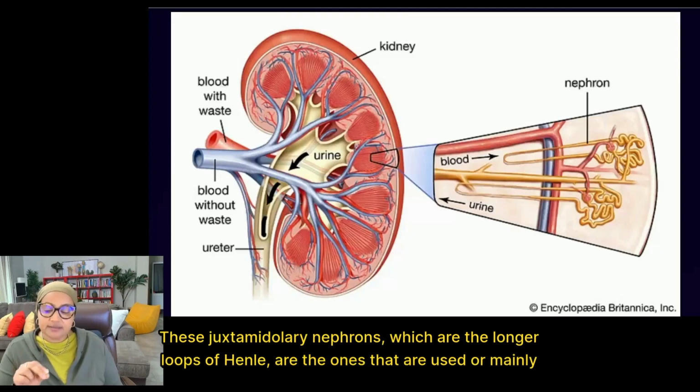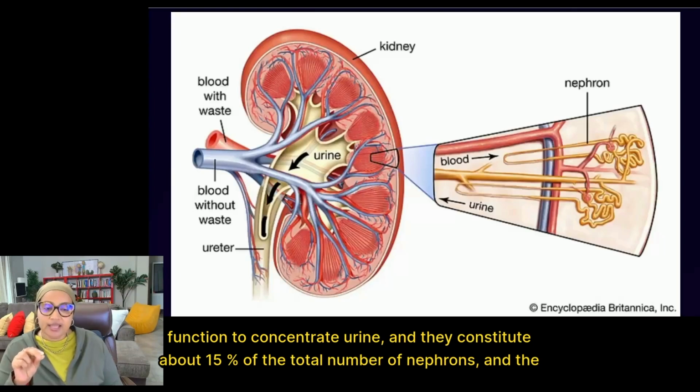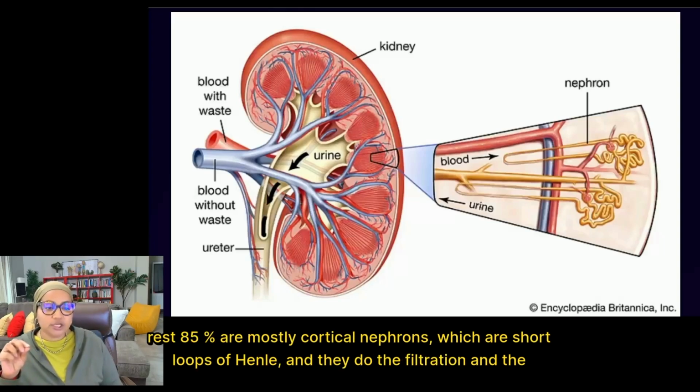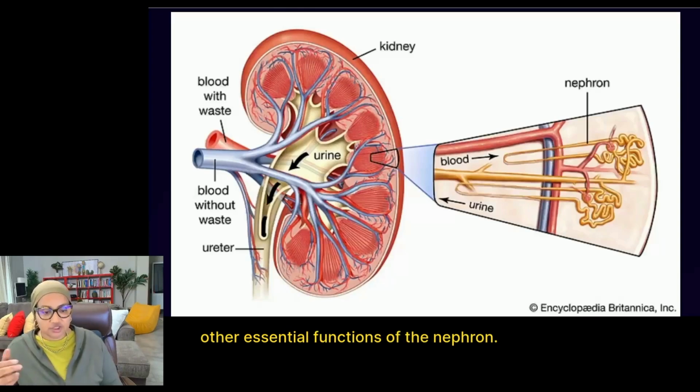These juxtamedullary nephrons, which have the longer loops of Henle, mainly function to concentrate urine, and they constitute about 15% of the total number of nephrons. The rest, 85%, are mostly cortical nephrons, which have short loops of Henle, and they do the filtration and the other essential functions of the nephron.